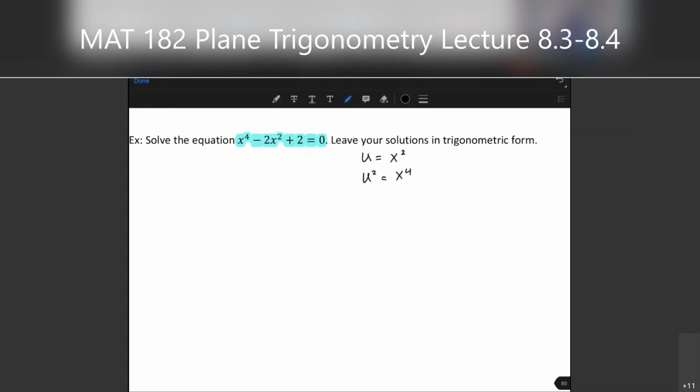Those would be my substitution variables that I could use to simplify this equation down to a quadratic. This is kind of an old algebra technique, but it can come in handy with these fourth roots. So I have really here u squared minus 2u plus 2 equals 0. So that's my new equation I'd like to solve.